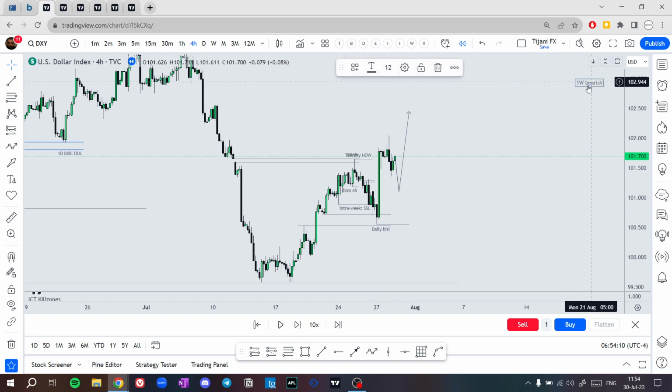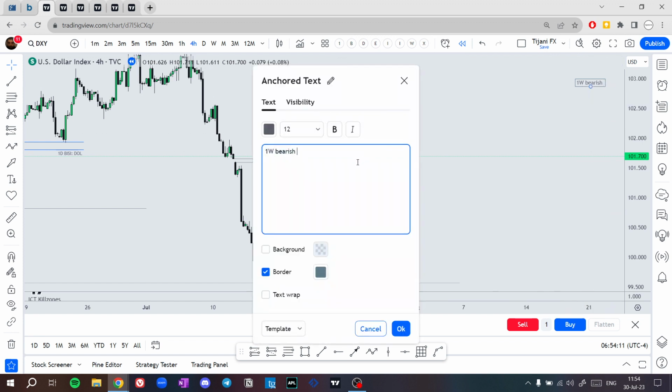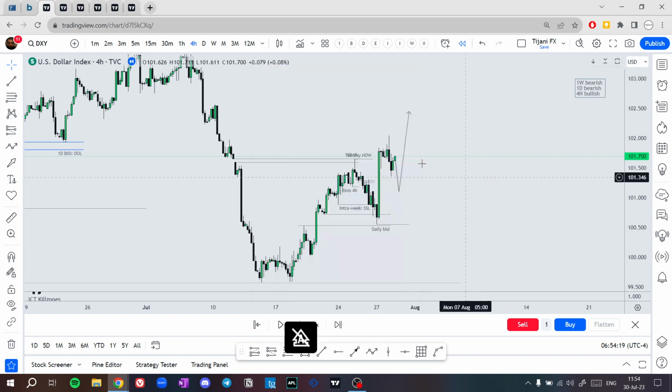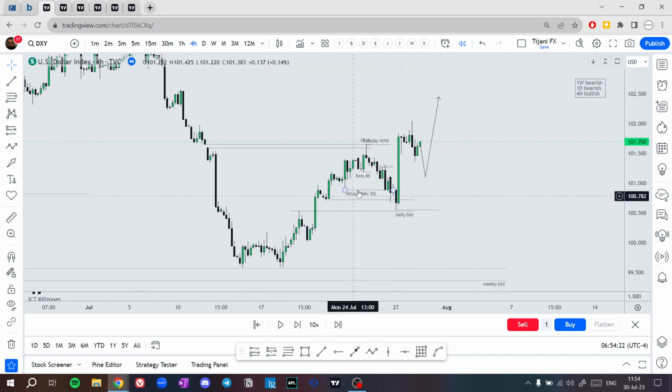As we see here, we have weekly bearish, daily bearish. You see, the daily is bearish, but now we have a bullish move as price took this high. Once price was here breaking this market structure, it was bearish, so you have your higher time frame institutional sponsorship to sell price. Now we have 4 hour bullish.